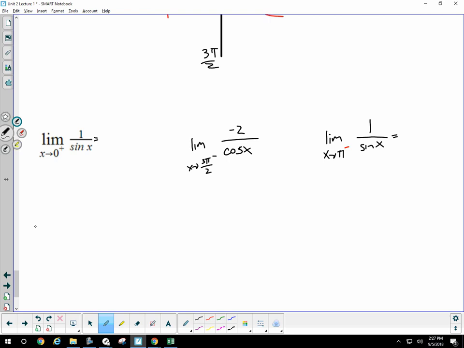Again, it helps to use a number line. This is 0 from the right. Three pi over 2 from the left. Pi from the left.